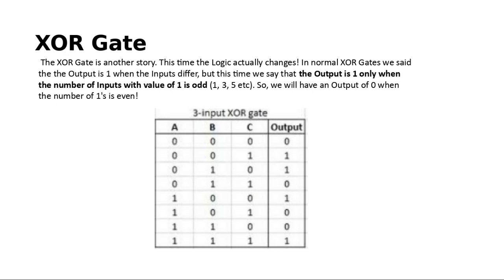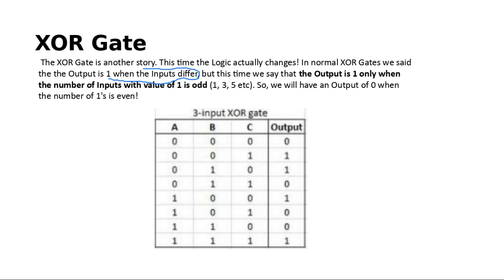Okay. There is a XOR gates. The XOR gates is another story because with the normal XOR gates you just look at the differences between inputs. If they are different, that means 1. If they are the same, that means 0. This time the logic actually changes. In normal XOR gates, the output is 1 when the inputs differ.